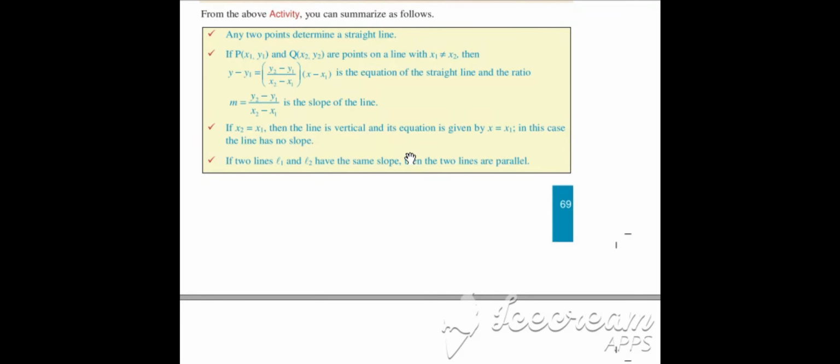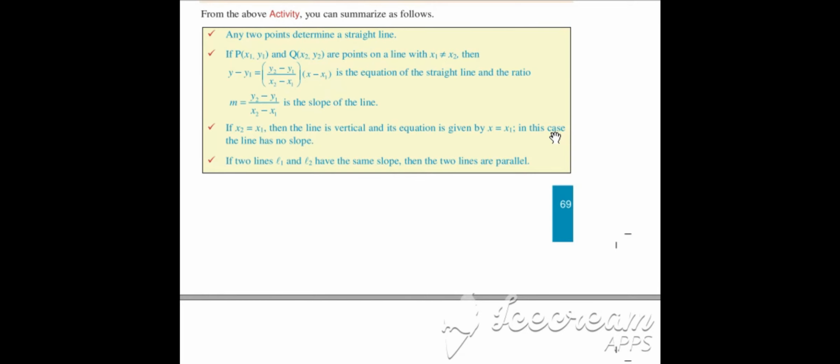And also if y1 in point P and y2 in point Q are equal, that line is a horizontal line. Its equation is given by x is equal to x1. In this case, the line has no slope. That means a vertical line has no slope at all.